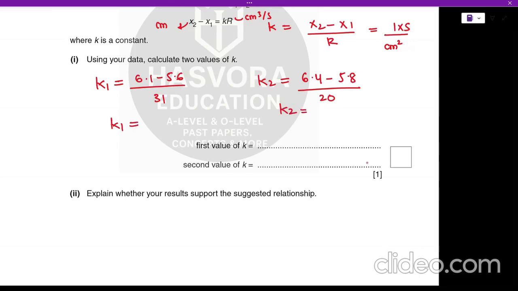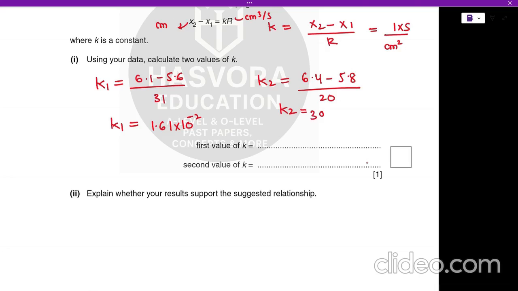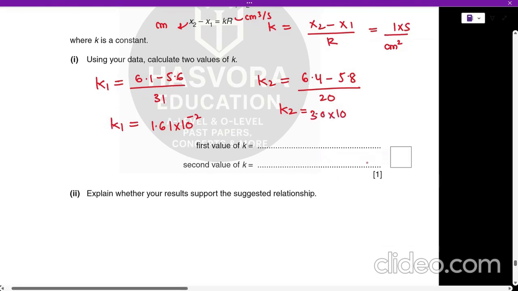So it is 6.1 minus 5.6 divided by 31. So it comes as 1.61 in 10 power minus 2, and 6.4 minus 5.8 divided by 20 comes as 3.0 in 10 power minus 2.